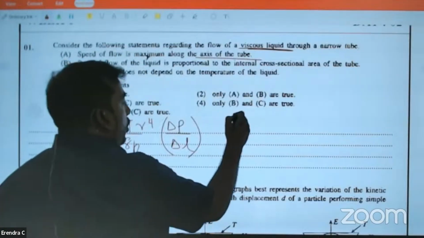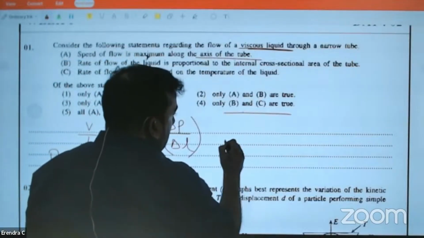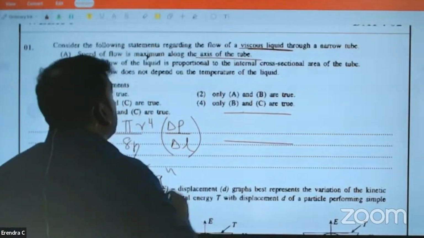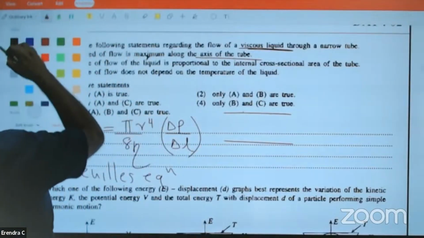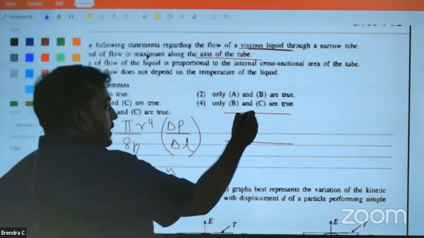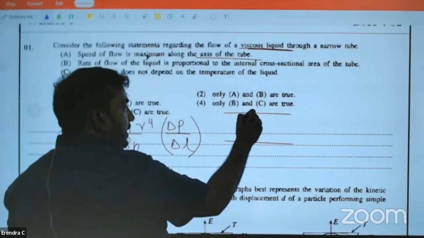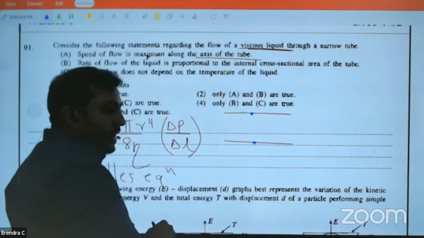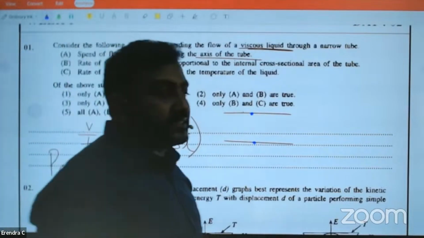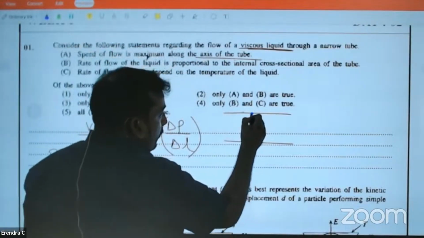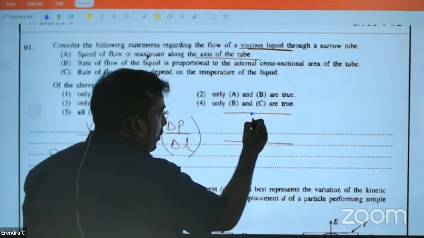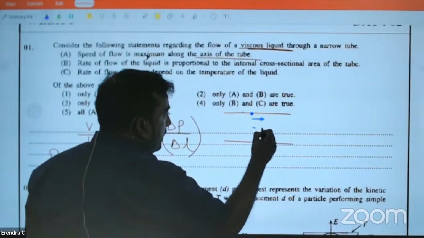Now, if you draw the fluid flow, remember the no slip condition comes into play. That means the boundary is at rest, so the fluid particle is also at rest. From rest, gradually the velocity will increase.